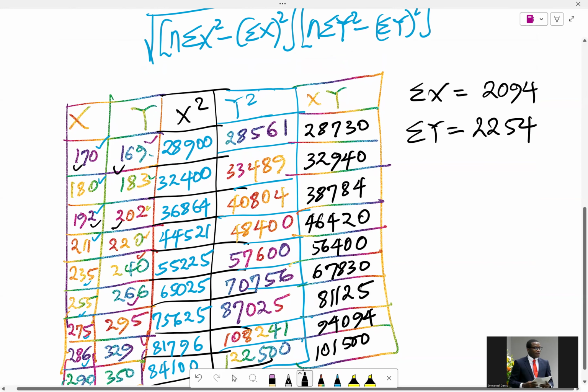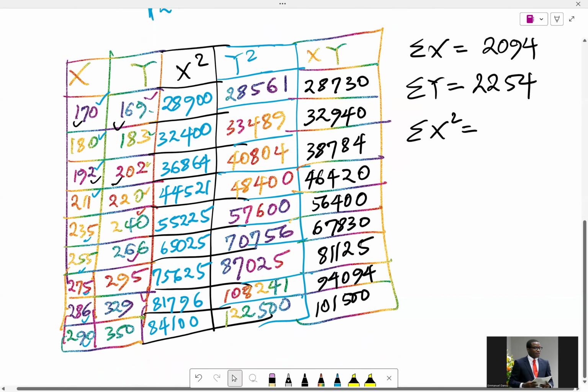Now we need summation of x squared. So that's summing up all of x squared.